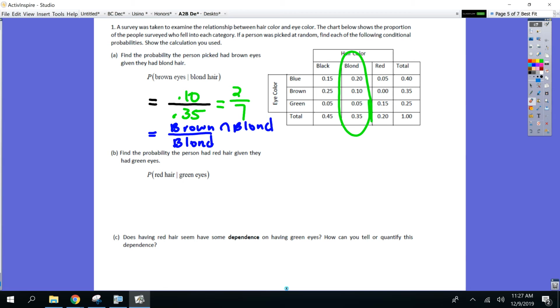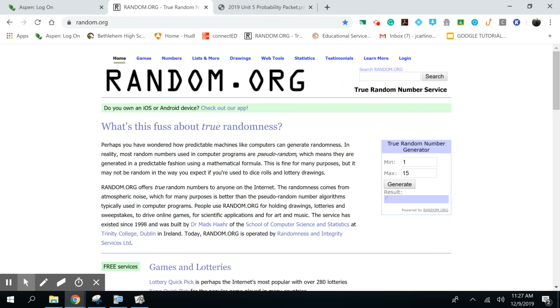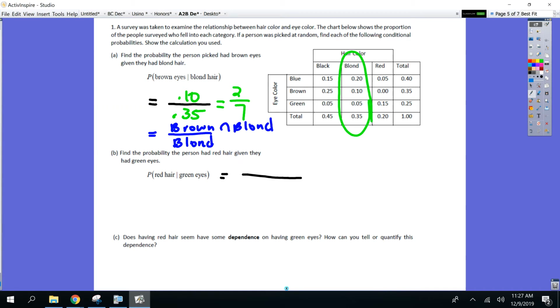Probability of red hair given you already have green eyes. So I'm not going to say a word here. What do you want on the bottom? What's already given to you? Probability of red hair given green eyes.